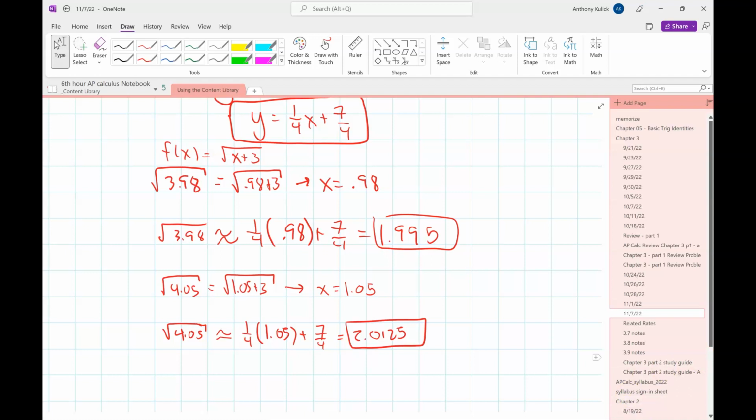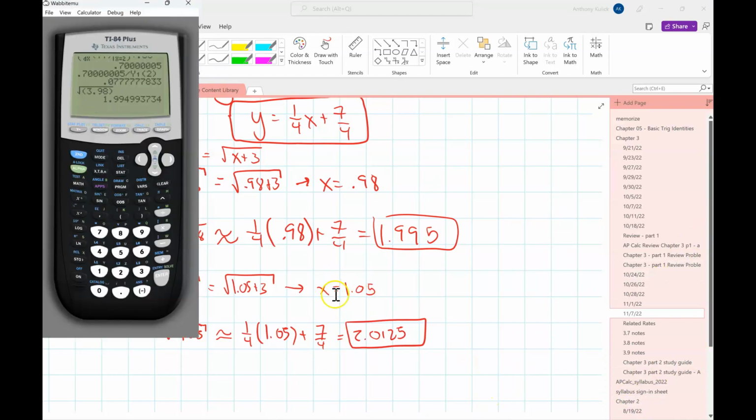And I'd expect both of these to be quite good approximations because 1.05 and 0.98 are both very, very close to 1, right? Which is what I use to build my approximation with. So again, the actual value for square root 4.05, quite good. In practice, before you had digital calculators, this would be how you take the square root of some crummy decimal: you create a function like this and build a linear approximation for it and use that.